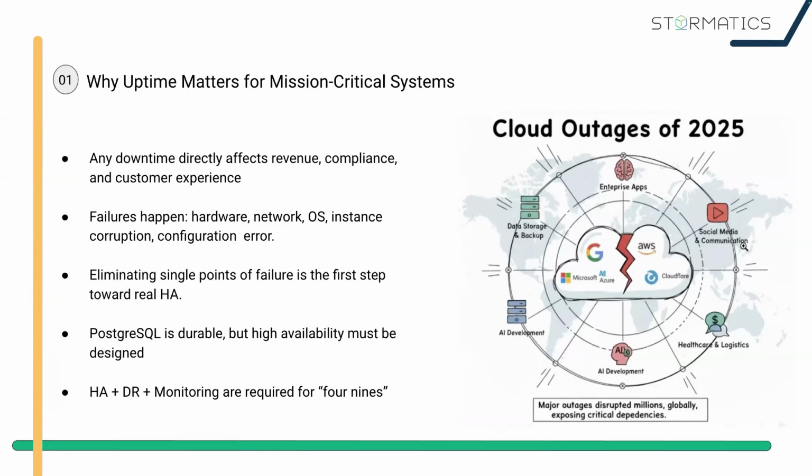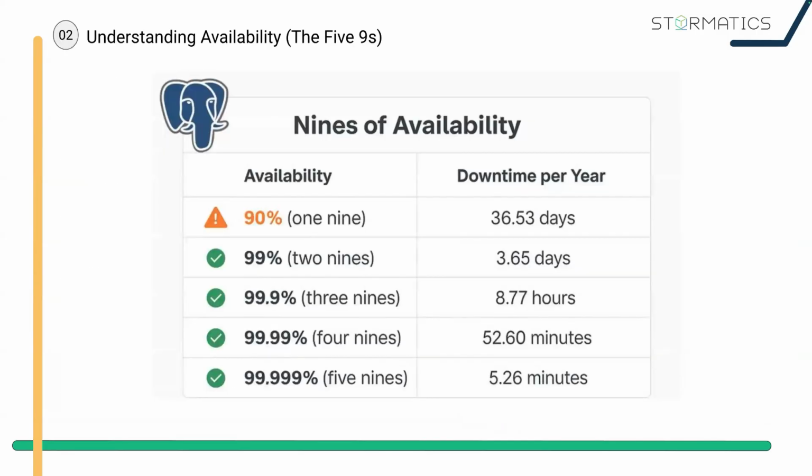Next, we are looking at what the different nines of availability are and what they actually mean in terms of the actual downtime. Starting at the top, we have 90% availability, just one nine, which means 36.53 days of downtime, which is basically a whole month. And then next, we have two nines, which still gives around 3.65 days.